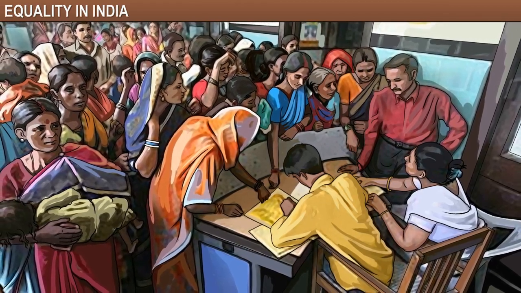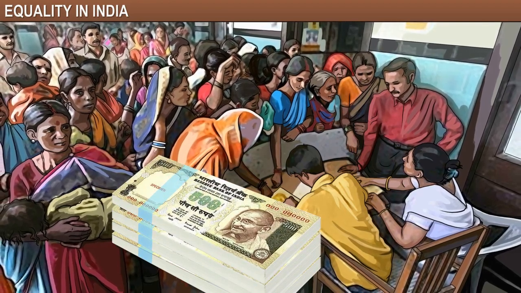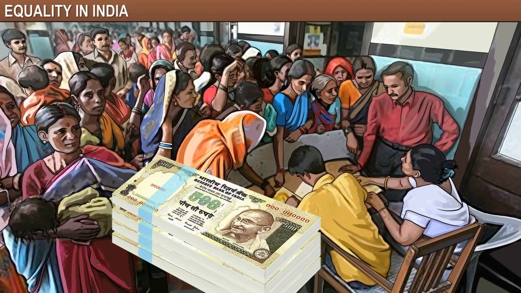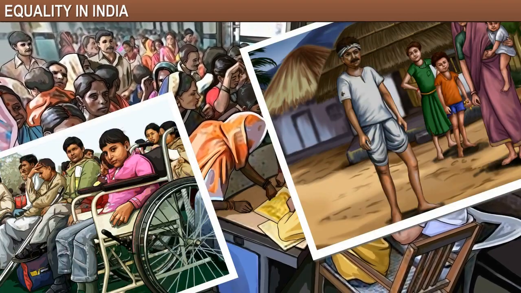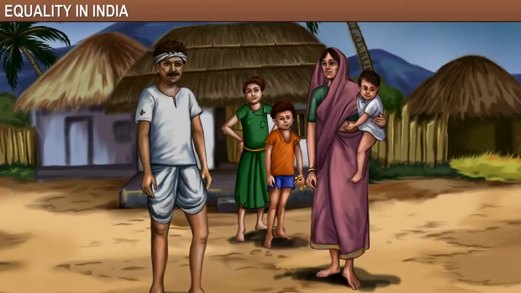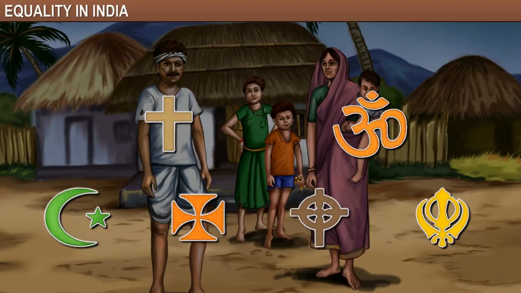Due to their poor economic background, these people cannot afford the high fees charged by private hospitals, and so they experience inequality. Apart from economic background, people are sometimes treated unequally on the basis of their religion, gender, and caste.